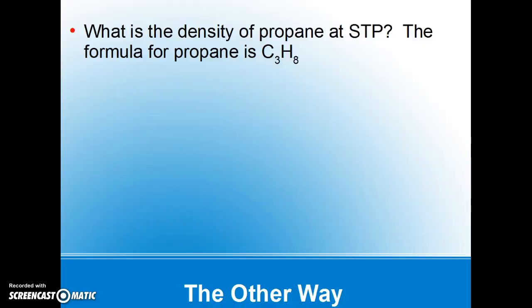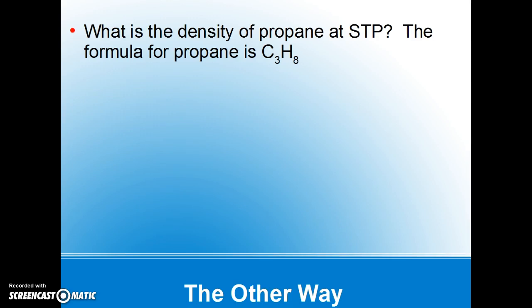And so if you look at carbon, there's 3 of them. 3 times 12 is 36, and the hydrogen 1 times 8 is 8. When you add those together, you get 44, which is the molecular mass.